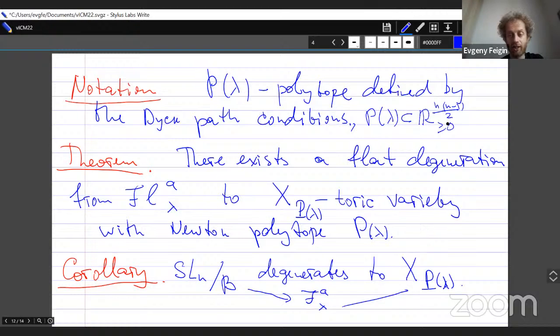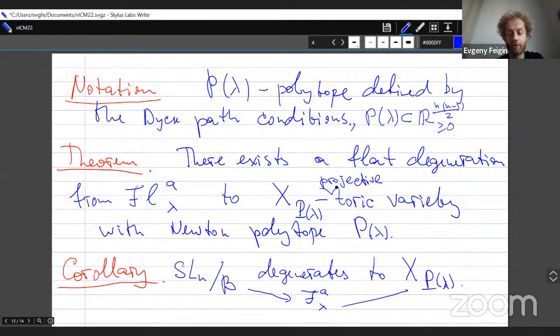And of course, given a convex polytope, one can associate to this polytope the toric variety, a projective toric variety.